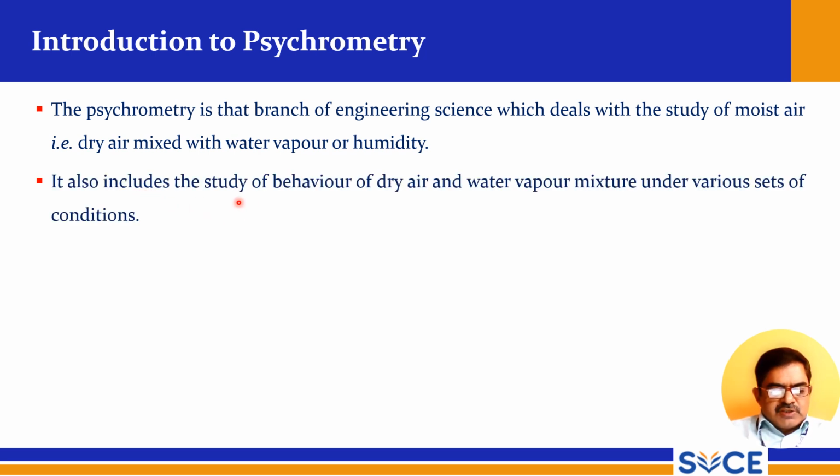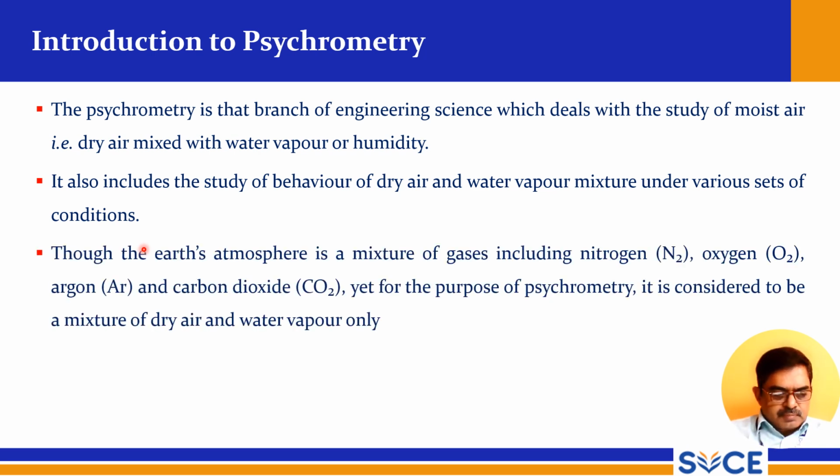It also includes the study of the behavior of the dry air and water vapor mixture under various sets of conditions. We are going to see different conditions also in this unit. Though the Earth's atmosphere is a mixture of gases including nitrogen, oxygen, argon and also carbon dioxide, yet for the purpose of psychrometry it is considered to be a mixture of dry air and water vapor only.